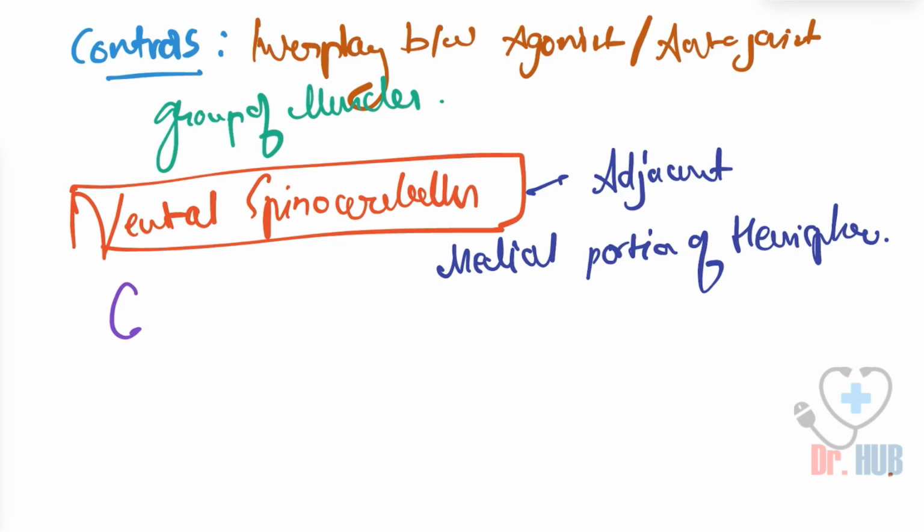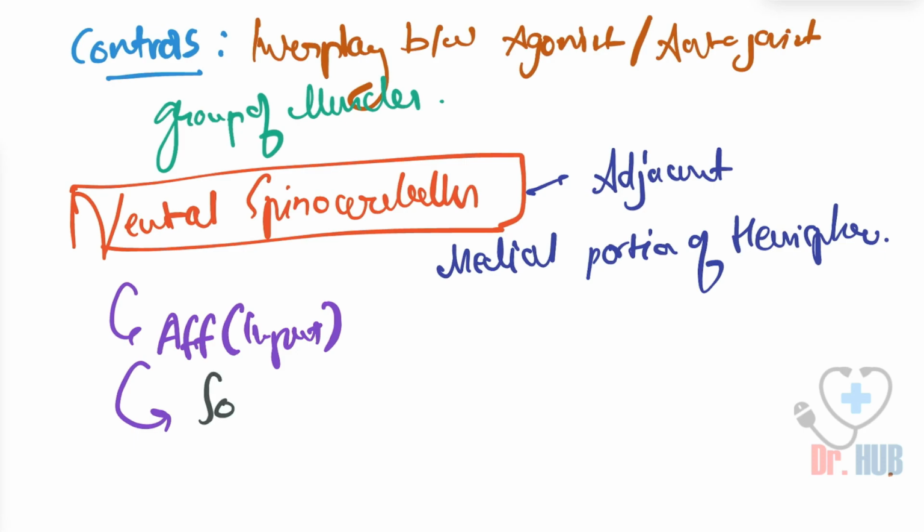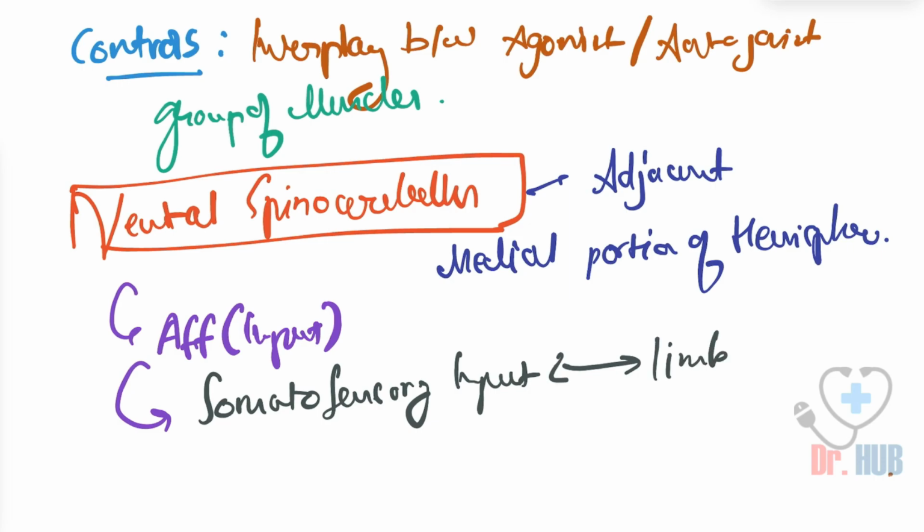Next, what about the afferent? Afferent is nothing but the input. It includes the somatosensory input from the limbs.